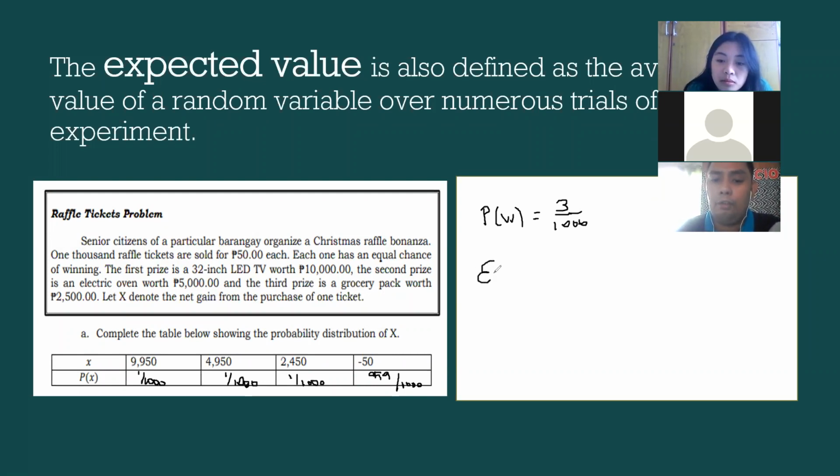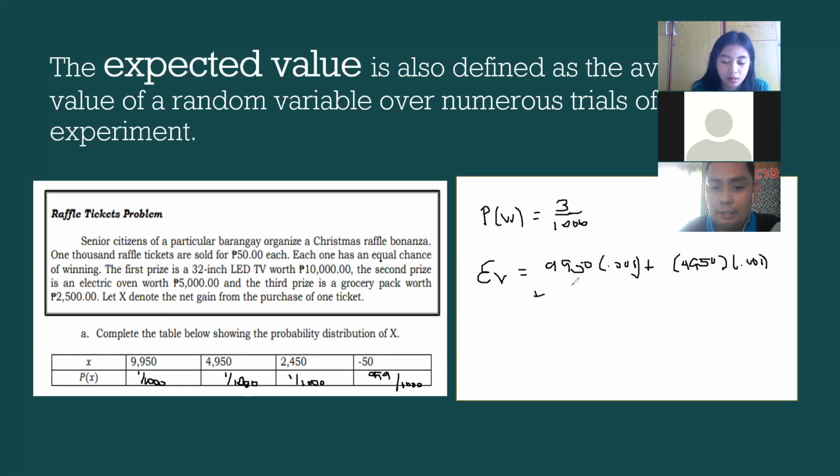Let's solve for the expected value. So, we have to compute for this. It's 9,950 times 0.001. Tatimes natin ito. Plus 4,950 times 0.001 ulit.